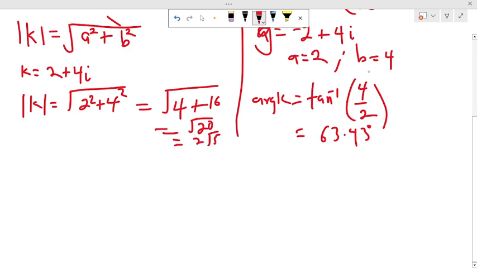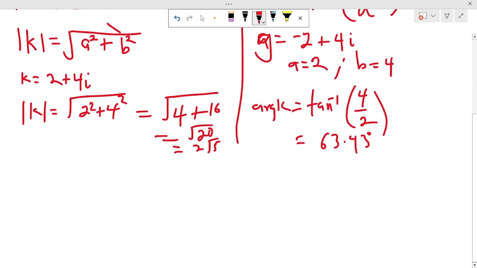You see, initially I asked you to drop the negative sign and use just the positive values to calculate the tan inverse, right? So you would have to come and draw something we call the Argand diagram. For the Argand diagram, the real part of the complex number will take the x-axis and the imaginary part of the complex number will take the y-axis, right?